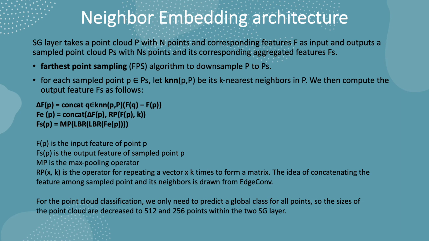Then the delta F of the neighbor points for one sample point are concatenated. To let the sample point have the same dimension as the concatenated delta F features, the feature of a sample point is repeated k times to form a matrix. Then the output feature is calculated by max pooling the result from the LBR of the concatenated features.